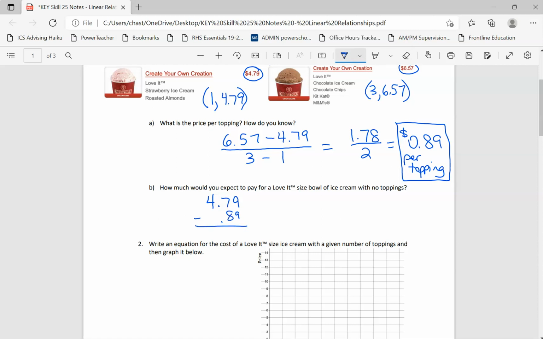If I subtract those, we're going to get that just a bowl of ice cream is $3.70. So this is price with 1 topping, and this is price of a topping. And so $3.70 is the price with no toppings.